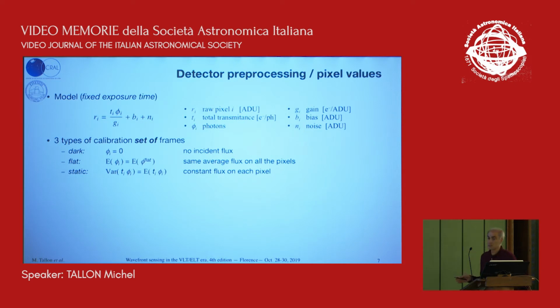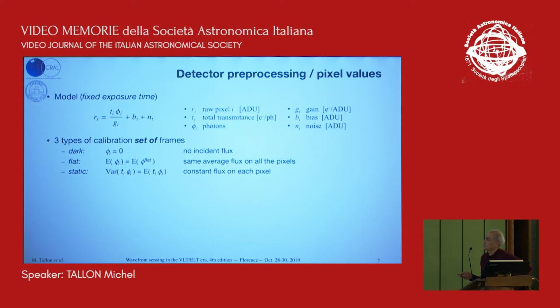This slide is quite standard, it's just to explain how we model things. So we have the raw pixels, which are proportional to the flux and the transmission from sky to the pixels, including the quantum efficiency, and the gain, which converts the electrons into digital levels, bias and noise.